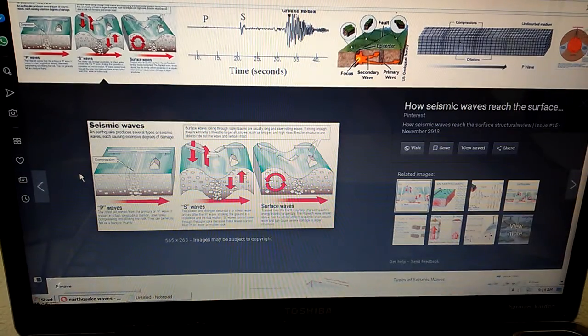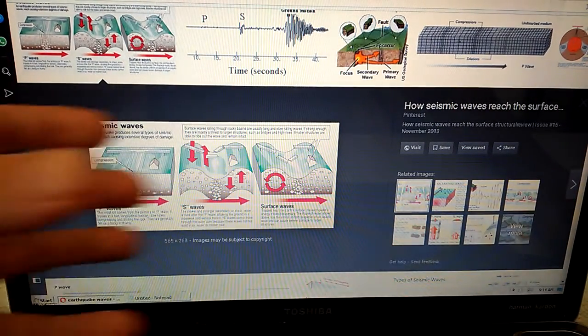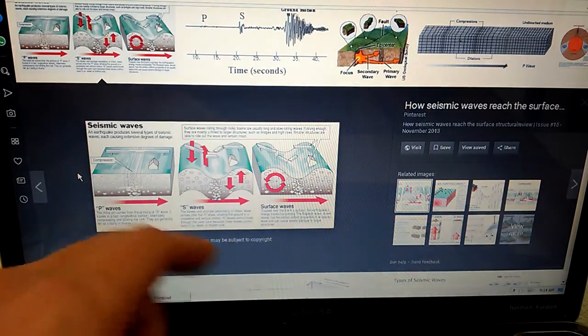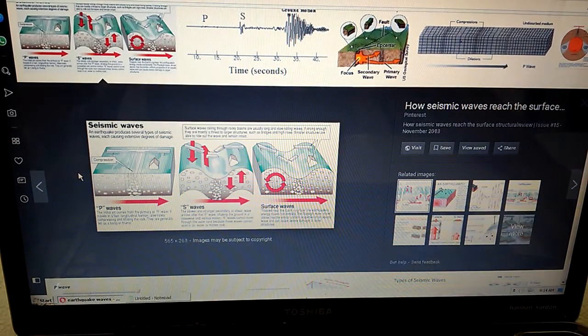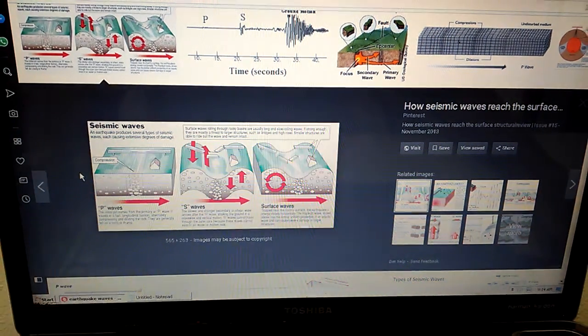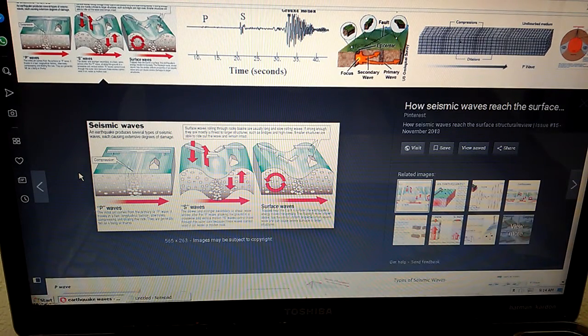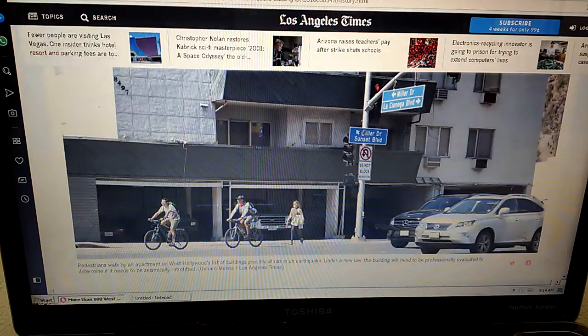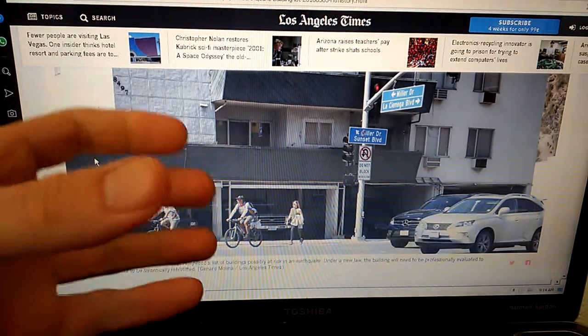Okay, here we go. So a P wave is a pressure wave. That's back and forth. An S wave is an up and down wave. And the surface wave is kind of a cyclical wave.